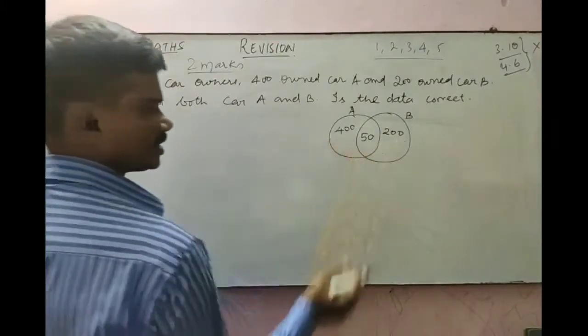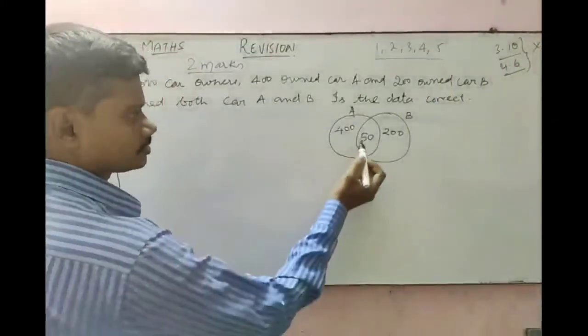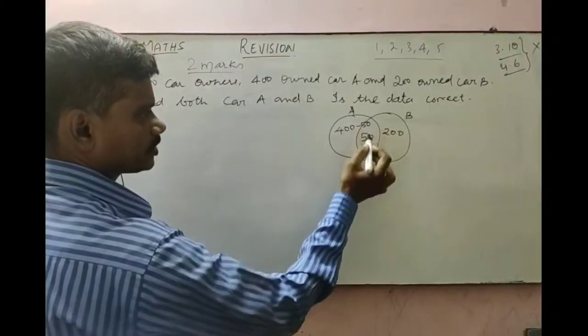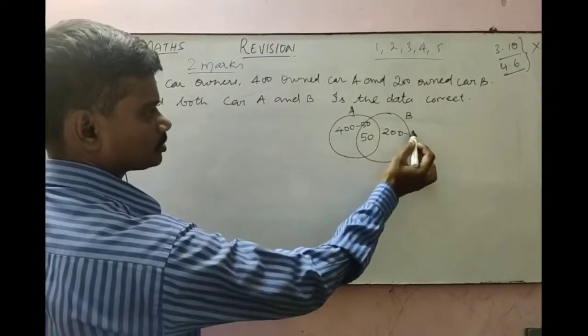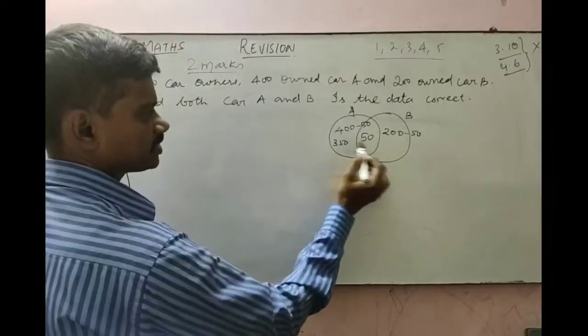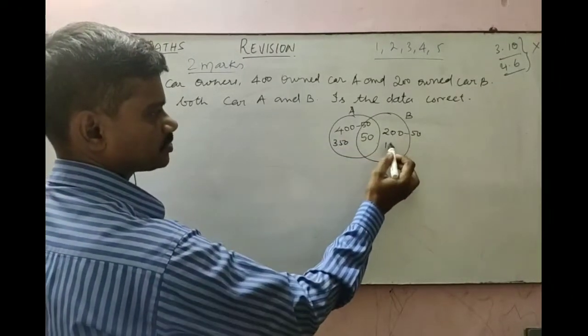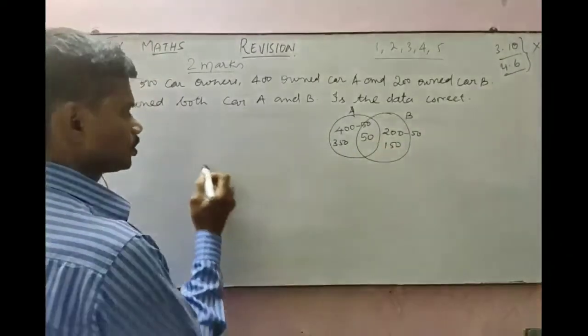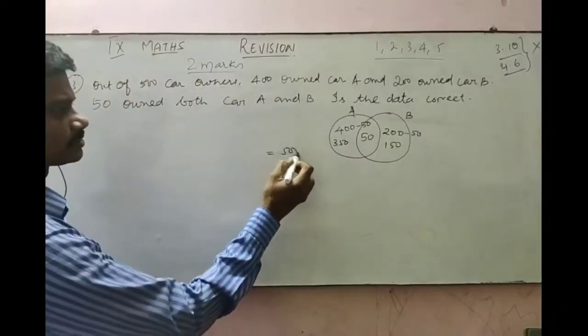So this is the data given to you. By using the Venn diagram, you can subtract the 50 from both 400 and 200. You will get the answer as 350. 200 minus 50 gives 150. If you add these three values, you have to get the answer as 500.